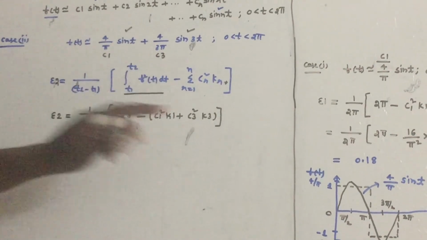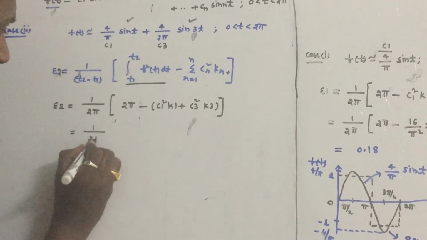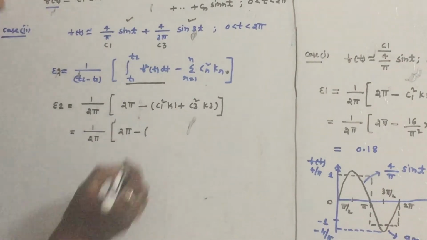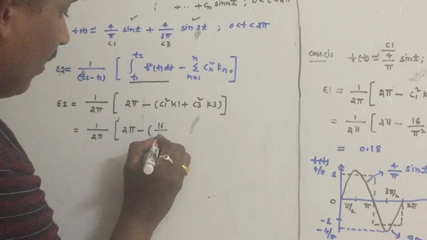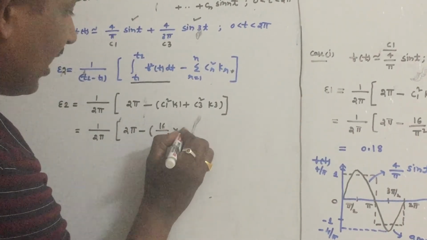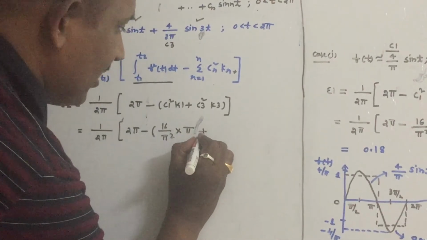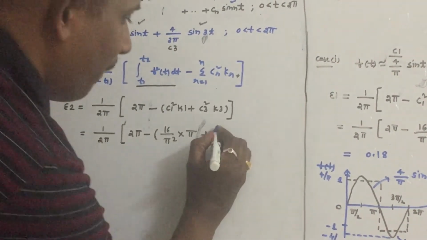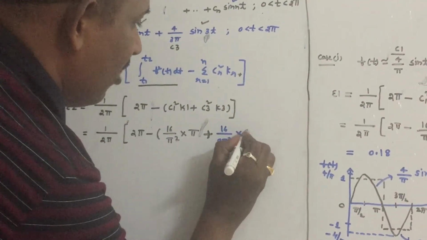Just substitute: 1 by 2 pi, times 2 pi minus, C1 is 4 by pi, whole square, that is 16 by pi square, into K1, which is pi, plus C3, which is 4 by 3 pi, so 16 by 9 pi square, into the K3 value.